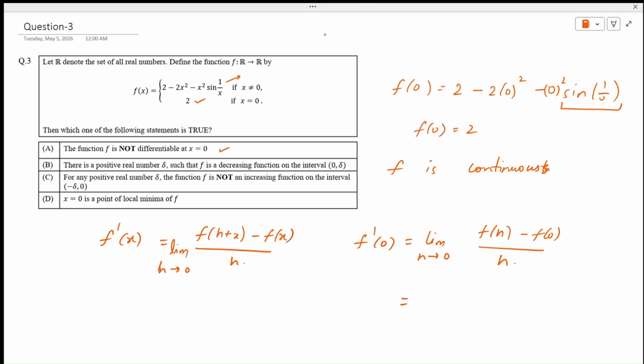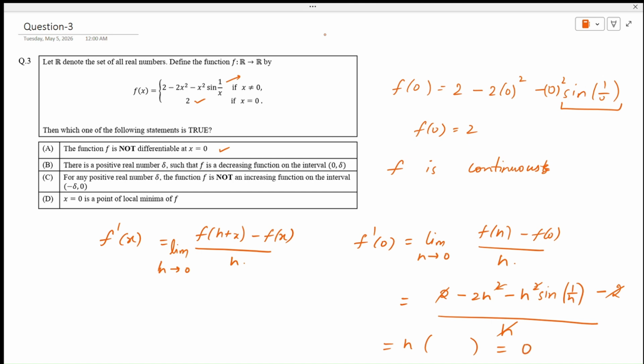F of 0 is 2, so I will write 2 there. F of h is 2 minus 2 h square minus h square sine 1 by h, minus f of 0 which is 2, by h. So 2 and 2 get cancelled here. If you take h common, 1h and 1h get cancelled here. You are left with h of something. H is 0, so you will get 0.